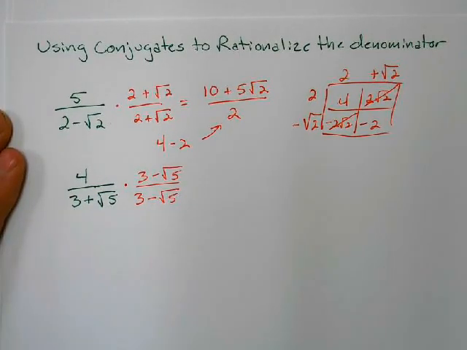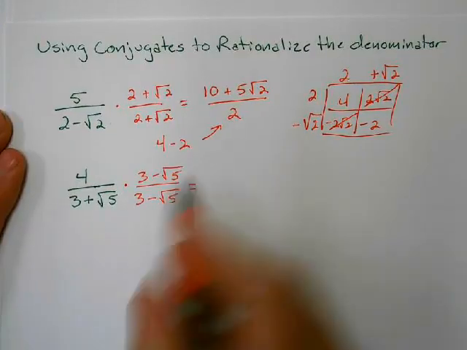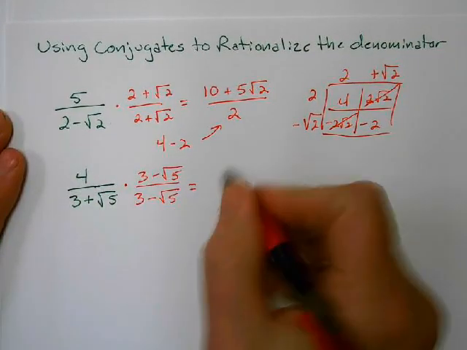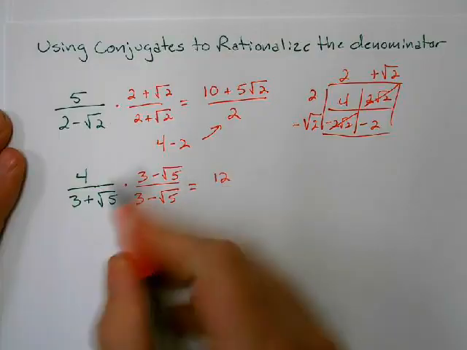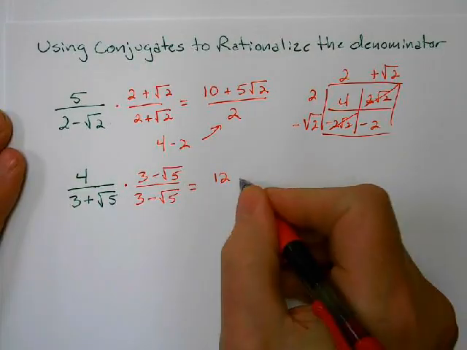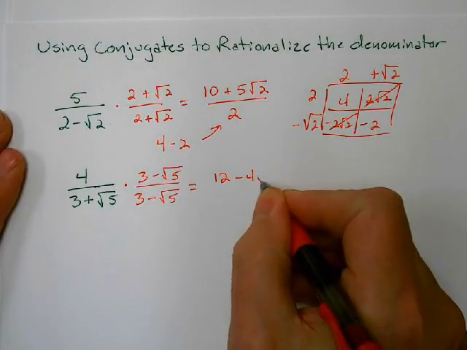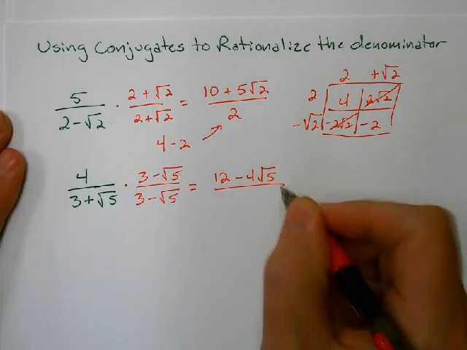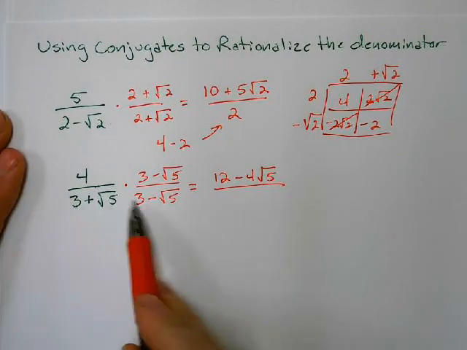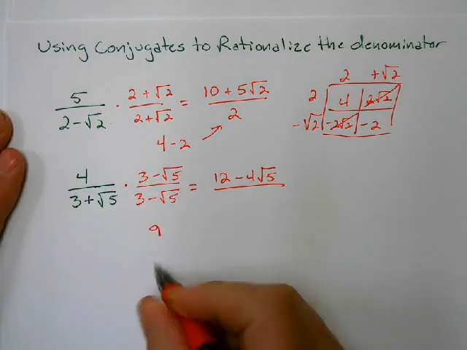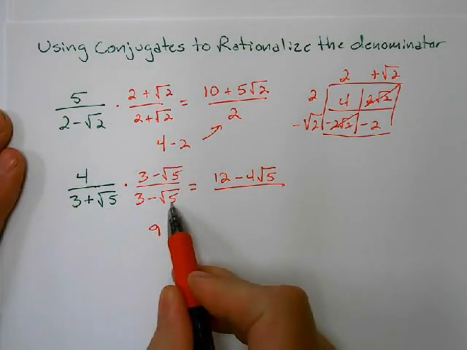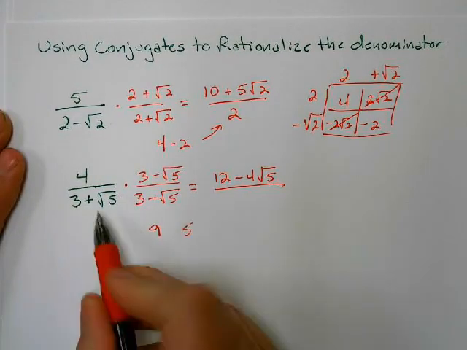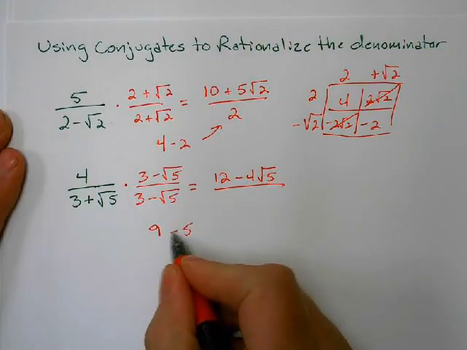So in the numerator, 4 times 3, I'm distributing. I get 12. 4 times negative root 5 is negative 4 root 5. In the denominator, 3 times 3 is 9. Root 5 times root 5 is 5, and it's a positive times a negative, so it's a negative 5. So our denominator would just be 4.